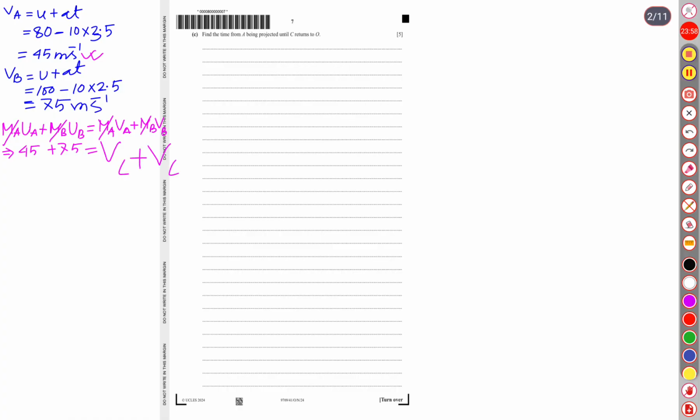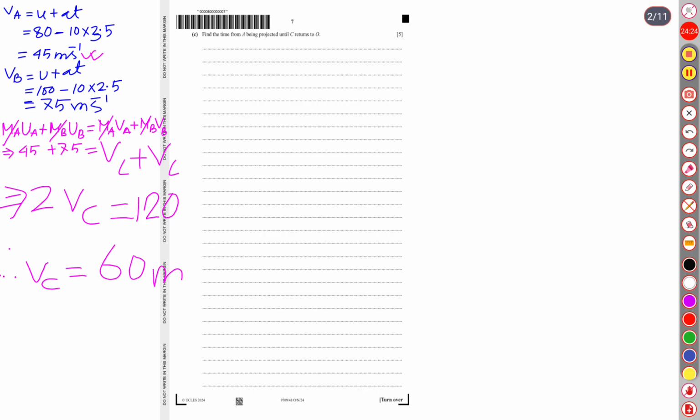Both particles have become one particle, which has been termed C. So VC plus VC, 2VC, is equal to 45 plus 75, that is 120. Hence the velocity of particle C after the collision was 60 meter per second.